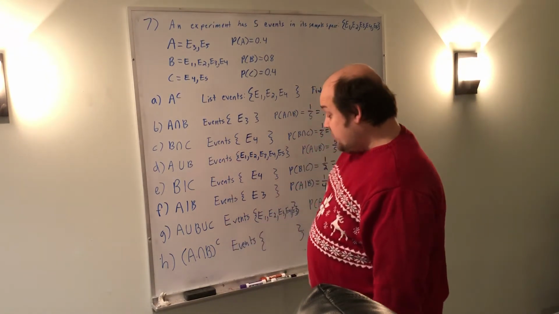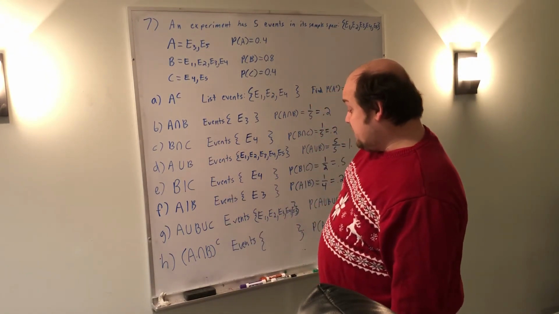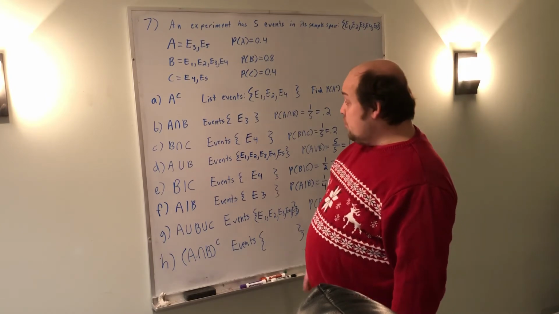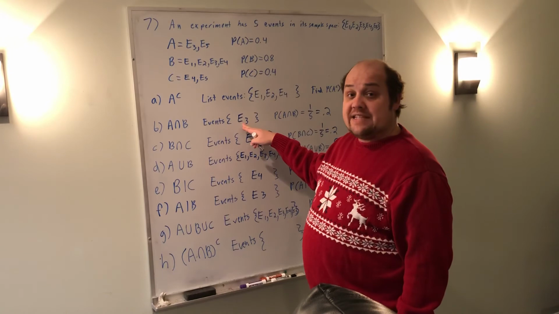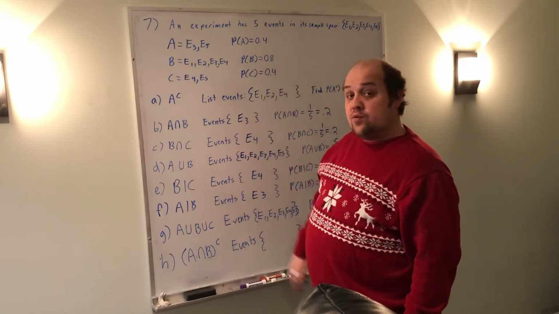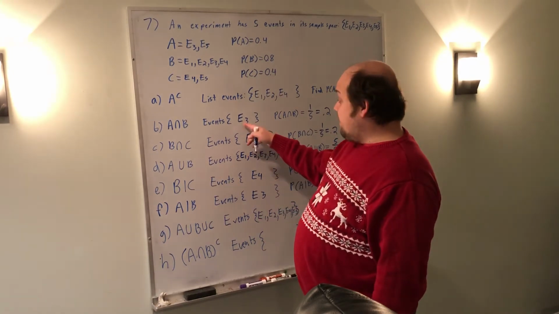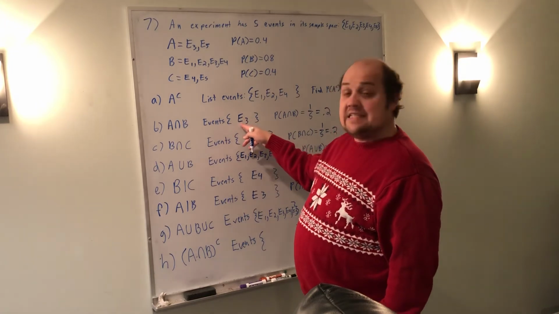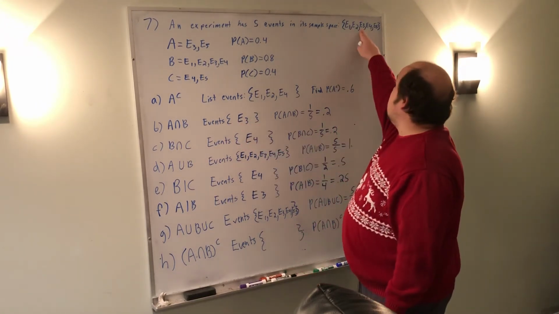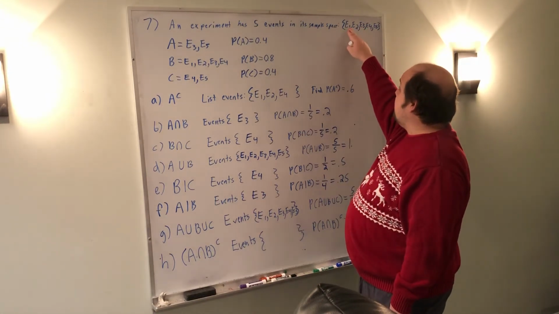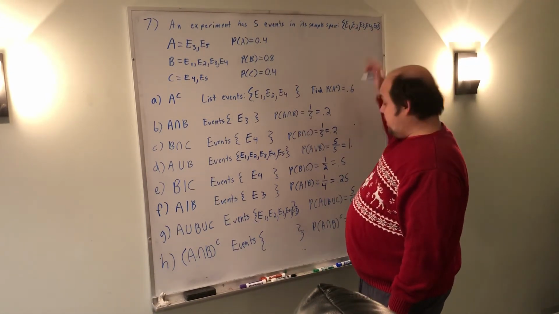Last one in this section asks me for A intersect B complement. The good news is I already did A intersect B. A intersect B was up here as E3. If I want to do its complement, I basically just list everything in the sample space that isn't in this intersection event. So the only thing that I'm not going to list is E3. I am going to list everything else, E1, 2, 4, and 5.